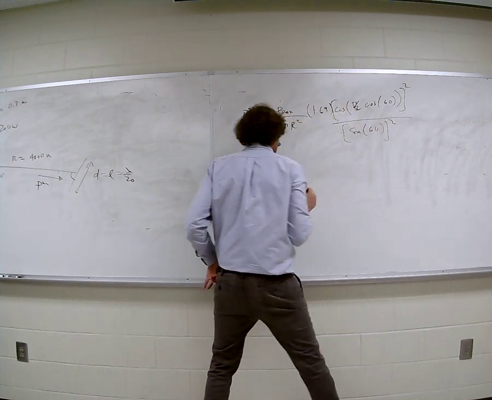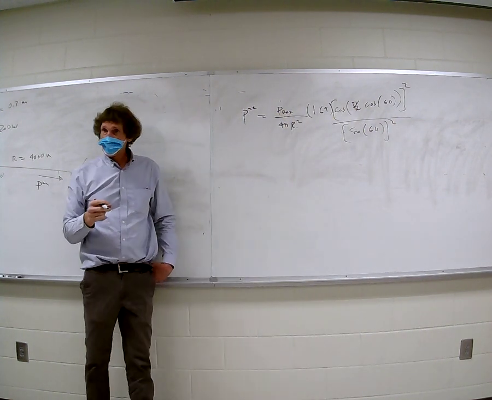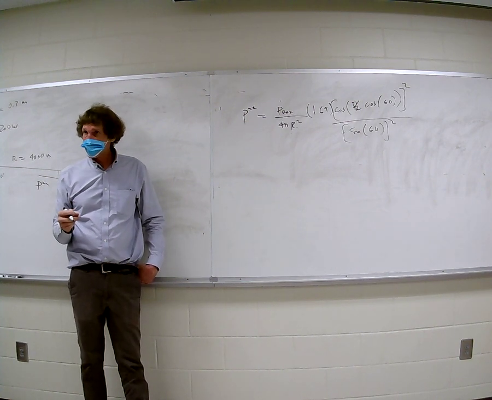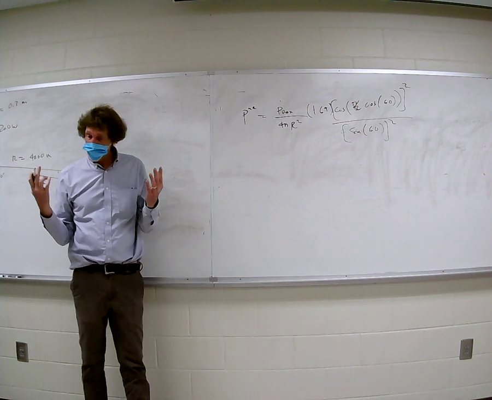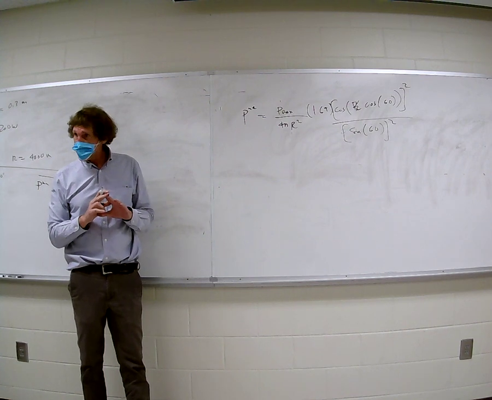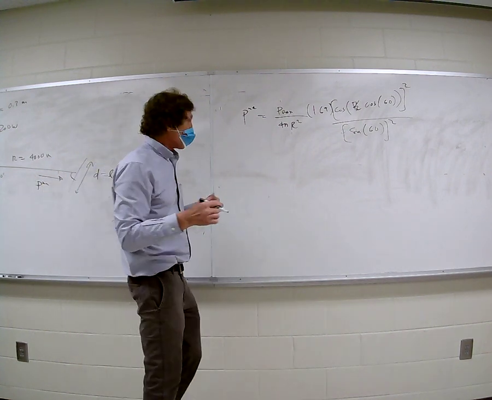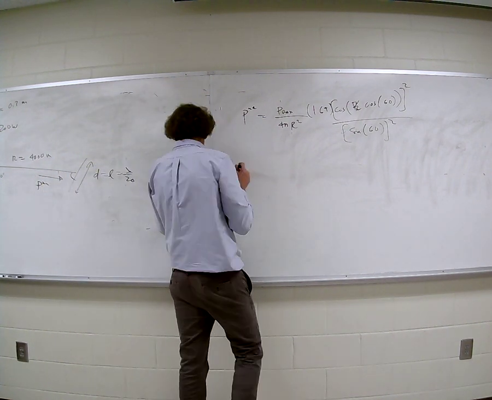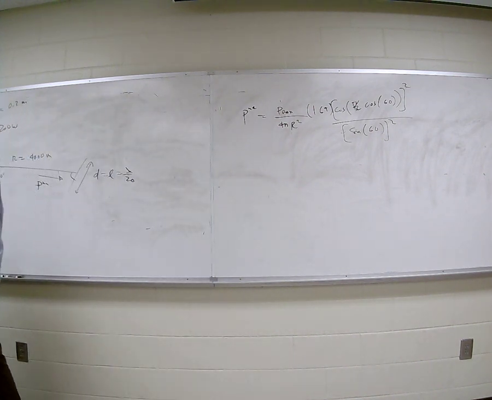I'll put the formulas down, and the answers I give you. Y'all agree with that, class? Just the gain or directivity times the isotropic power density. That's the power on target. Now, I think I asked for the electric field. Yes.